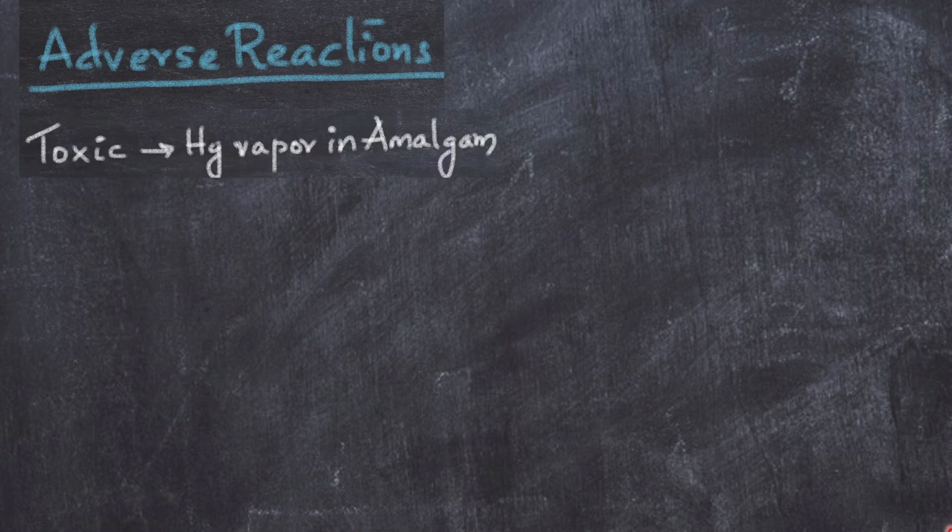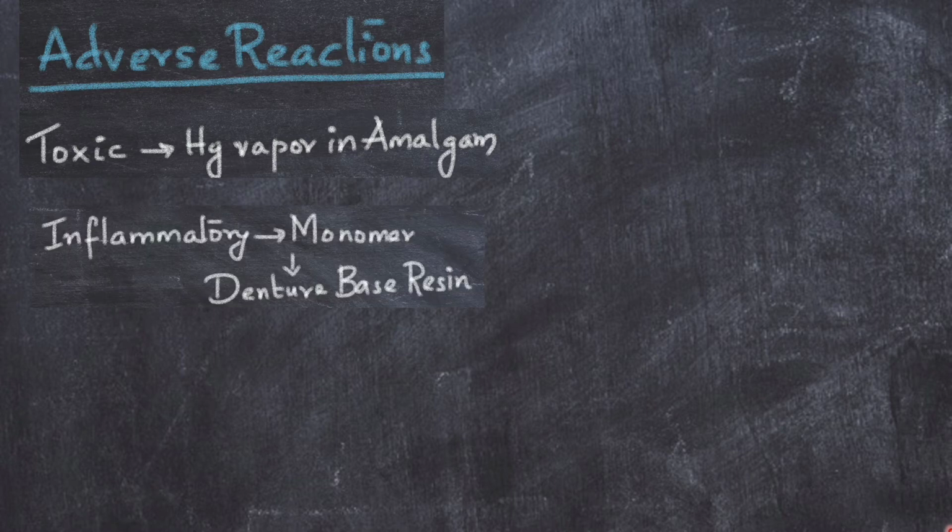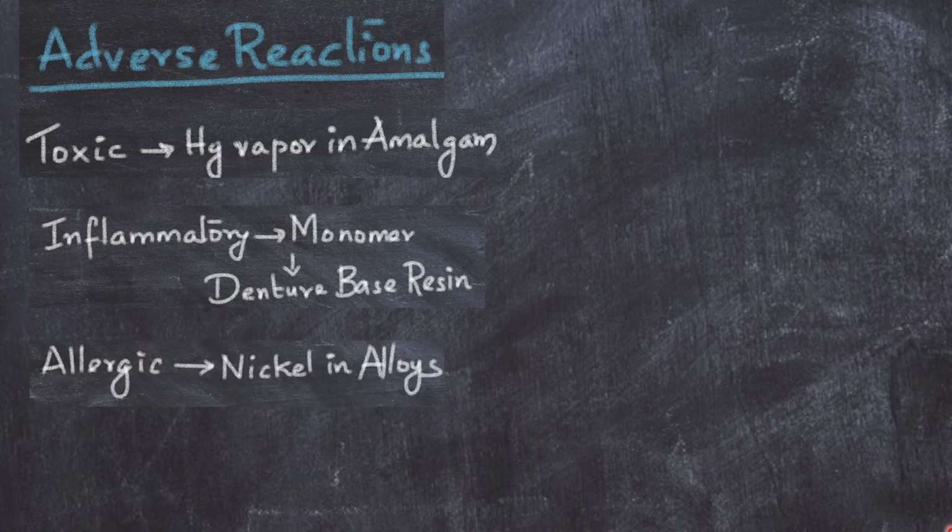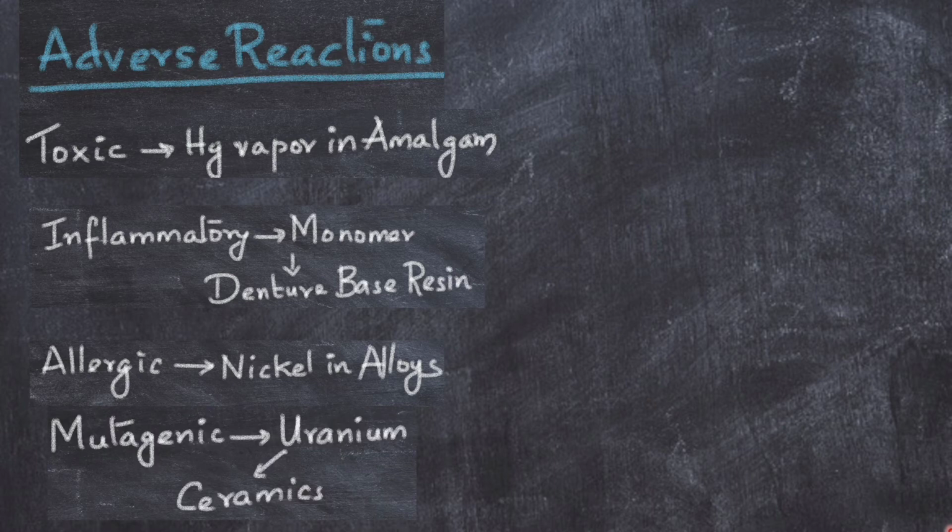It can be inflammatory, like the papillary hyperplasia or the epulis fissuratum, those kinds of reactions that are produced in response to the monomer of the denture-base resin. Or it can be an allergic response, as produced by the nickel in various alloys. Or it can be mutagenic. A few ceramic materials that are used in fabrication of either a restorative material or a crown contain uranium.